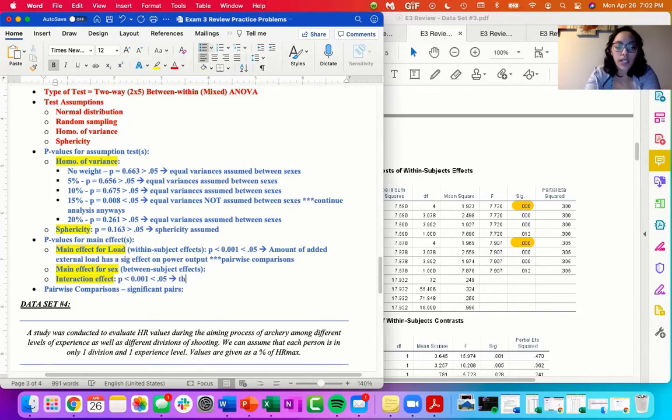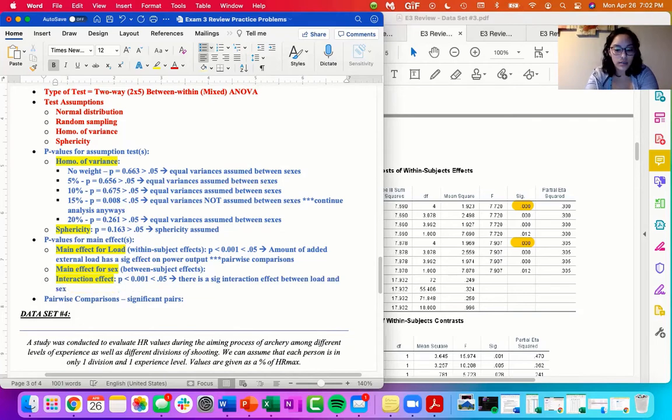So to generalize it, we can just say there is a significant interaction effect between load and sex in terms of power output. Does that make sense?